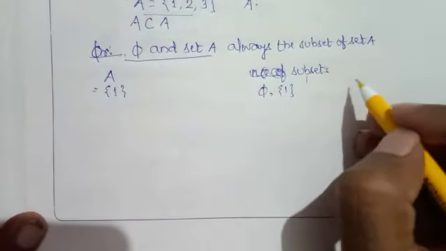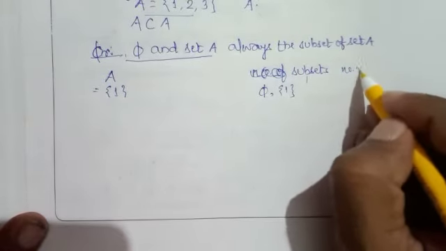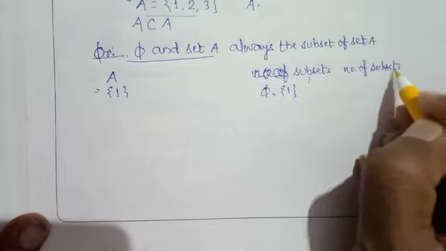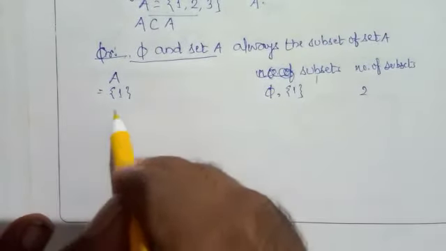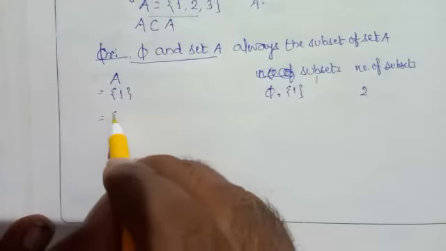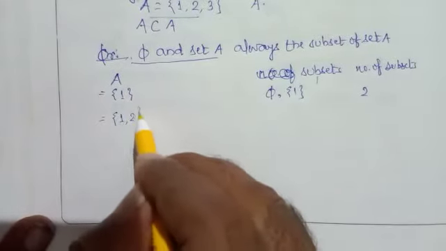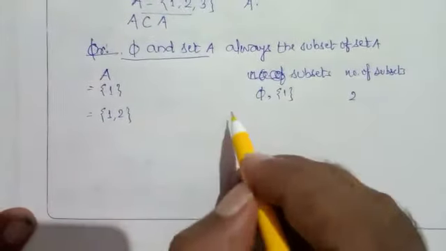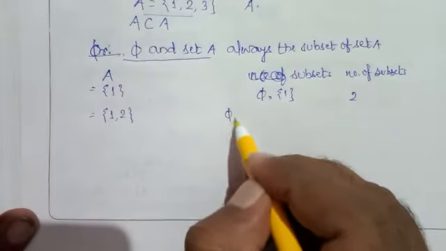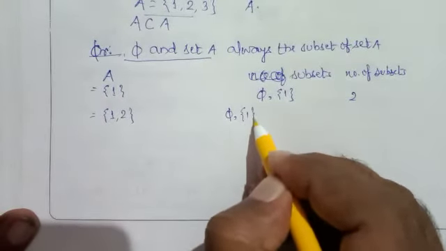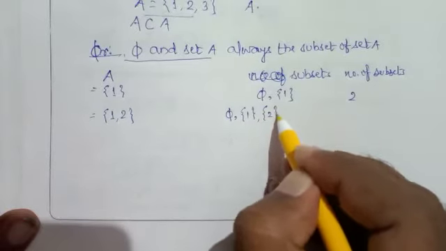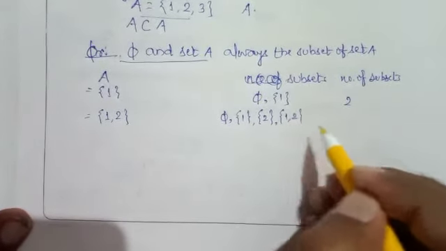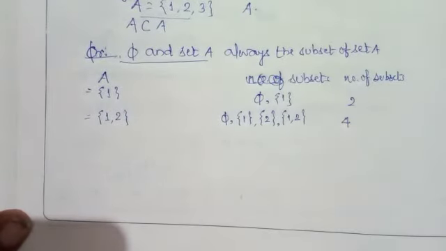Here you make another column, number of subsets. So how many subsets here? 2. Now suppose A is a set whose elements are 1 and 2, meaning 2 elements. So the subsets are phi, 1, 2 and the whole set 1, 2. This means it has 4 subsets.